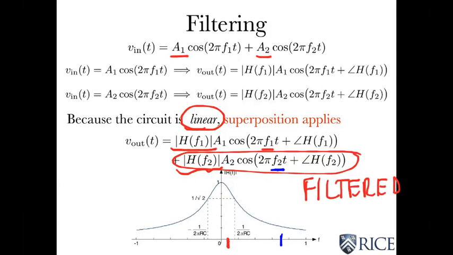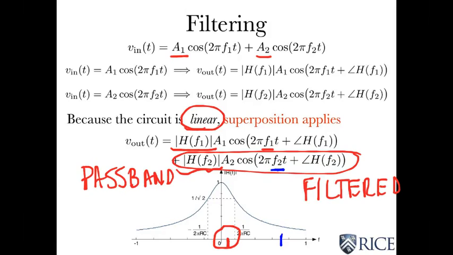So the terminology is that the low frequency area, the frequency region over which things get through, is called the pass band. The band of frequencies over which signals pass through.